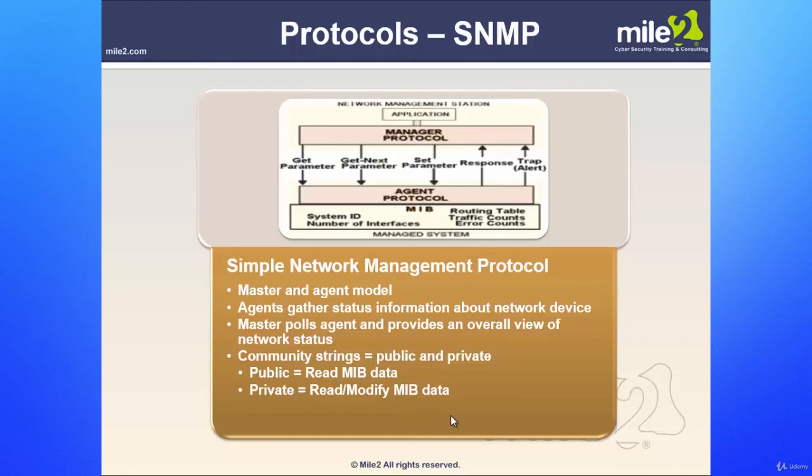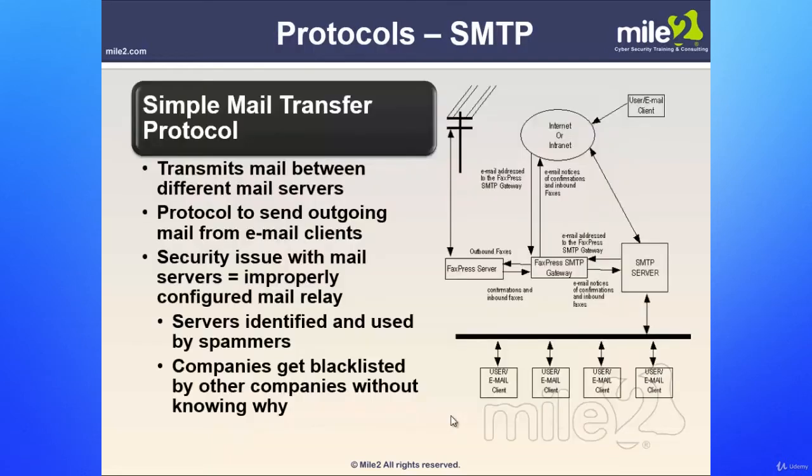All right, now when it comes down to SNMP, again, lots of information can be leaked. Remember, version 3 is what should be used if you're trying to protect the data, because it will encrypt the information, versus version 1 and version 2, which provide it in clear text. SMTP, your Simple Mail Transfer Protocol, transfers mail between different mail servers.